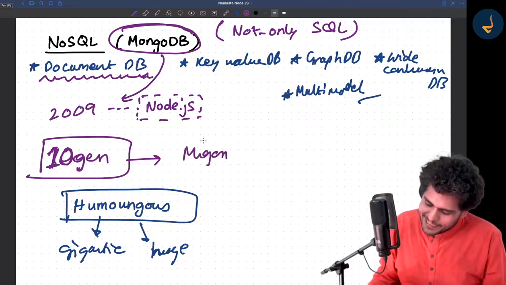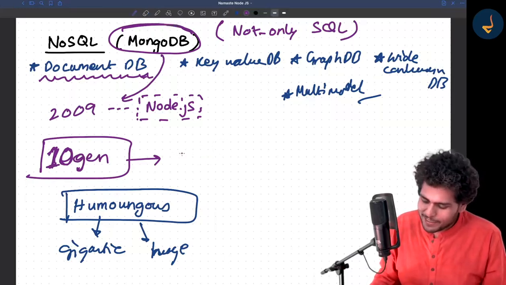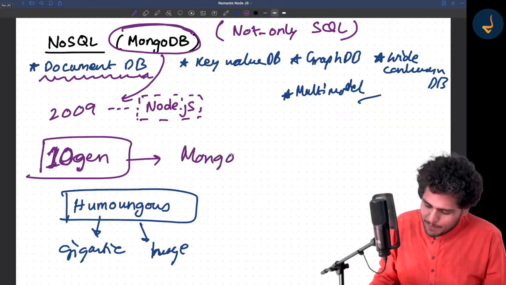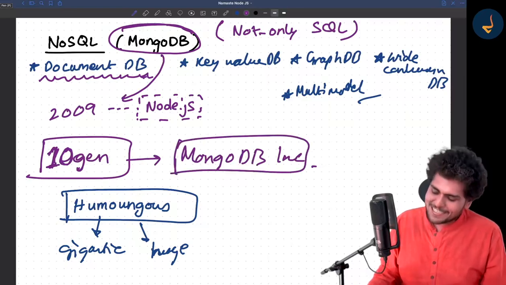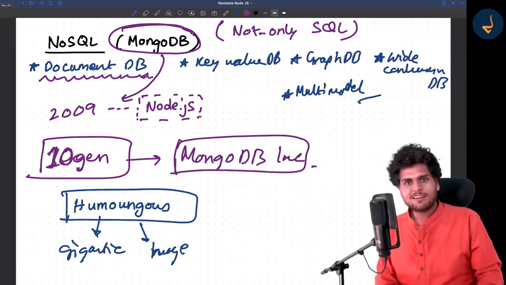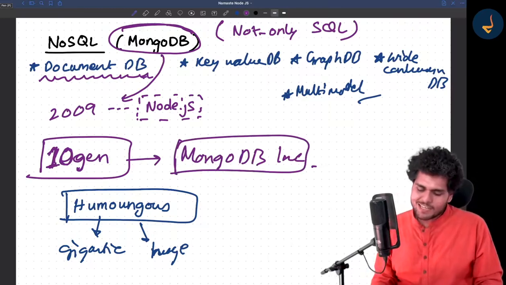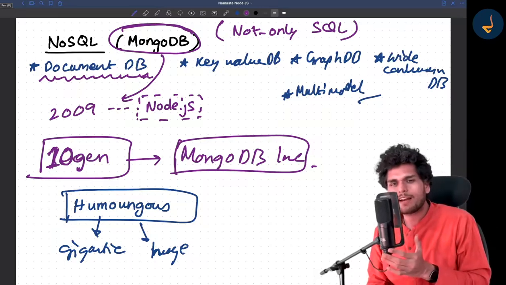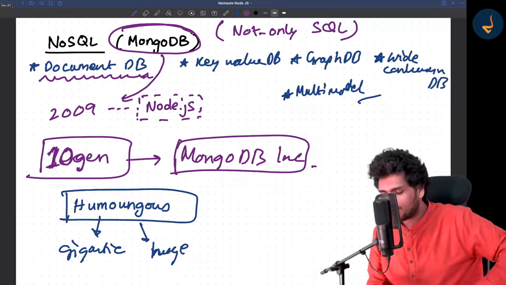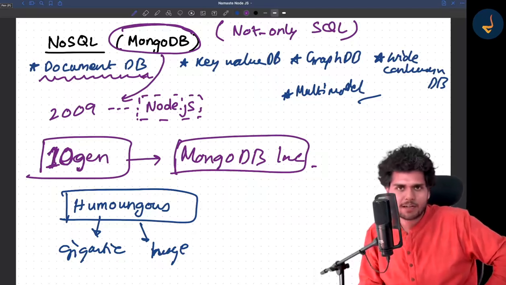They created the company with the same name as their database, and this company later changed its name to MongoDB, Inc. And this is the company which manages MongoDB. That's how the story of MongoDB goes. So if you read some older articles, you would read about 10gen. Later on it became MongoDB Inc., the same company which manages the MongoDB database.